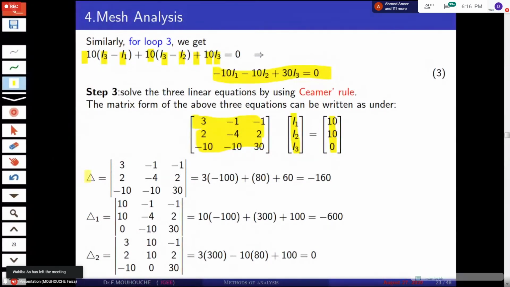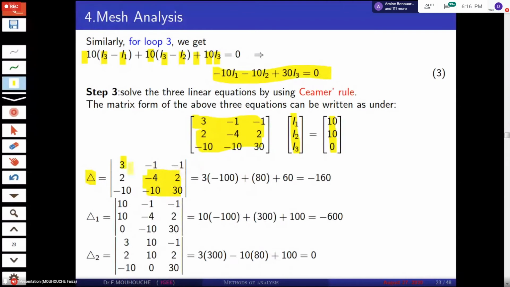Here, the common determinant: we take all the coefficients and we calculate the determinant. So this is the coefficient and we eliminate this row and column, and we have the determinant of the second order.